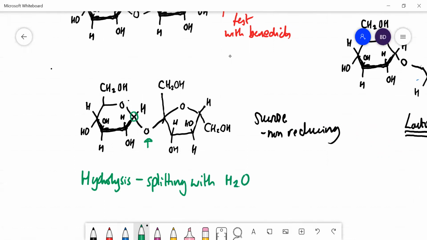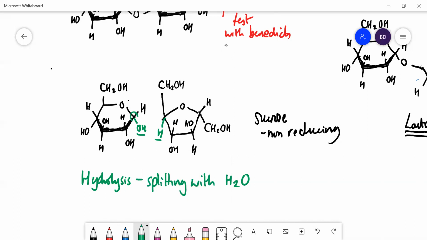So let's say we break this glycosidic linkage by adding H2O to it. So what's going to happen is we are going to add an OH to this one. That's OH from the water. And that's the H from the water, so H2O. What have we done? We've split the glycosidic linkage.